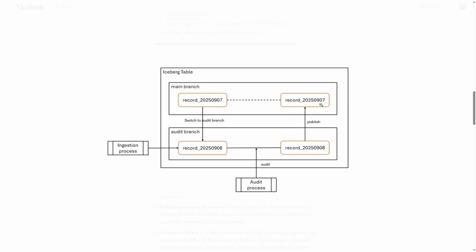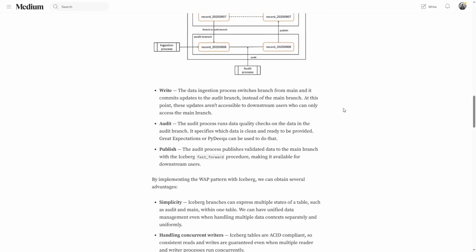So here it should be 8, and so we get a new record. So we create a branch called audit branch. We insert in this branch, then we do the audit process, and once this is valid, we just publish it to the main branch. And that's how Iceberg implements the WAP, or write audit publish pattern.